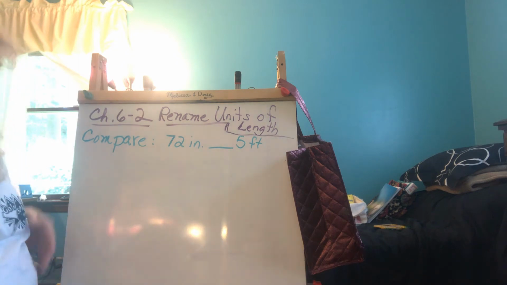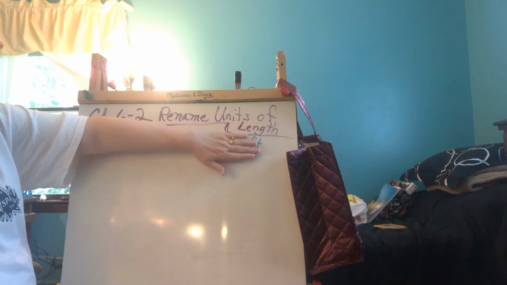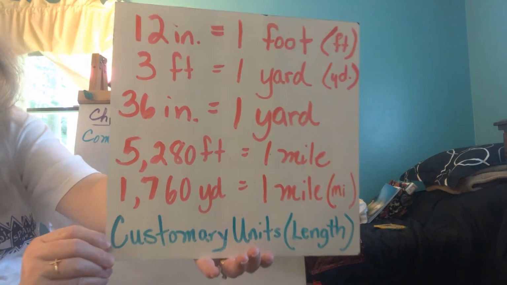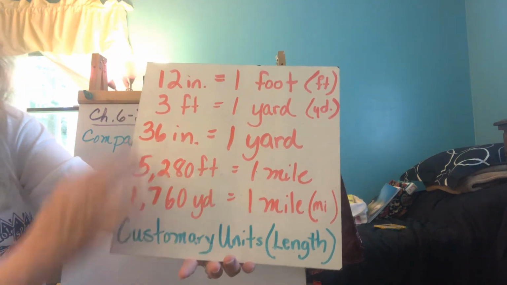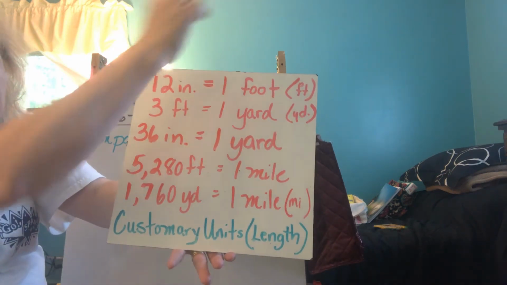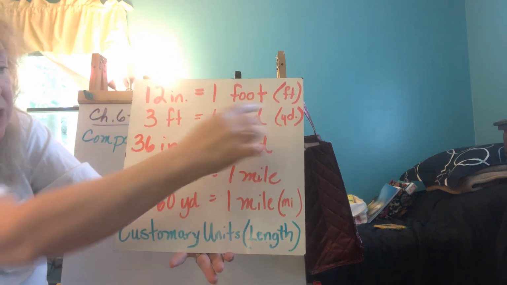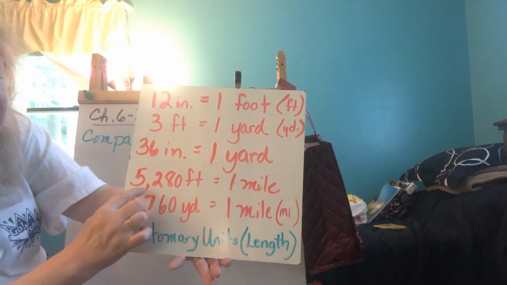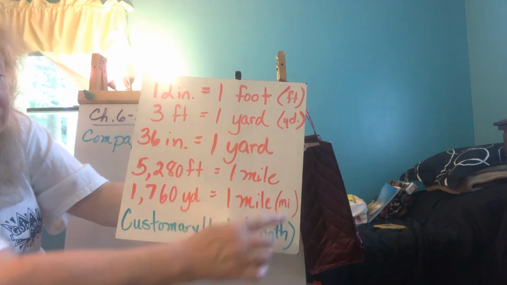You're going to skip a line after the purple, and then you're going to copy this down. So you're going to need to pause the video and copy this down. What I would do first, since I didn't want to erase it and rewrite it, is write this green part at the top and draw an underline, and then put 12 inches equals 1 foot, 3 feet equals 1 yard, 36 inches equals 1 yard, 5,280 feet equals 1 mile, 1,760 yards equals 1 mile.